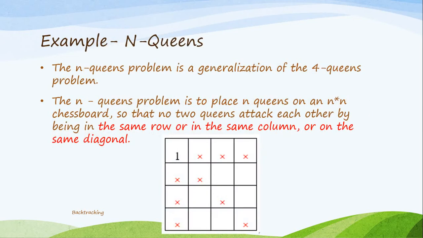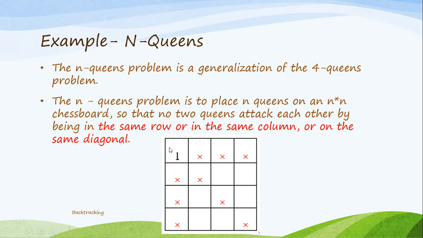Let's try to understand how backtracking works with the help of the example of n queens. The n queens problem is a generalization of the 4 queens problem. The n queens problem is to place n queens on an n by n chessboard so that no two queens attack each other by being in the same row, the same column, or on the same diagonal.